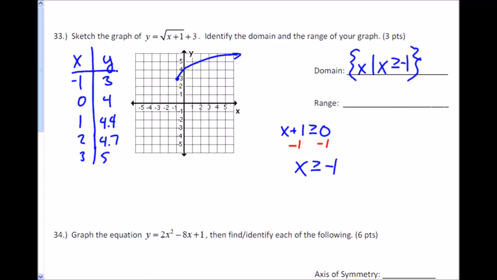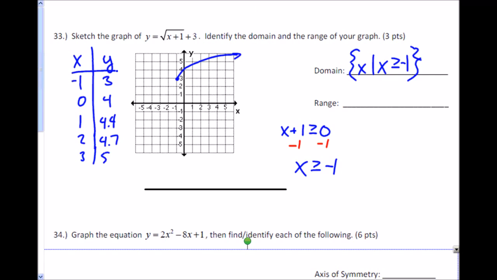All right. And now when we look at this in terms of our range, again, if I go back to using my lines, a vertical line, you can see that my domain starts touching at negative 1 and goes up from there, and that's why it's greater than or equal to the negative 1. But for the range, I do the same thing with a horizontal line.